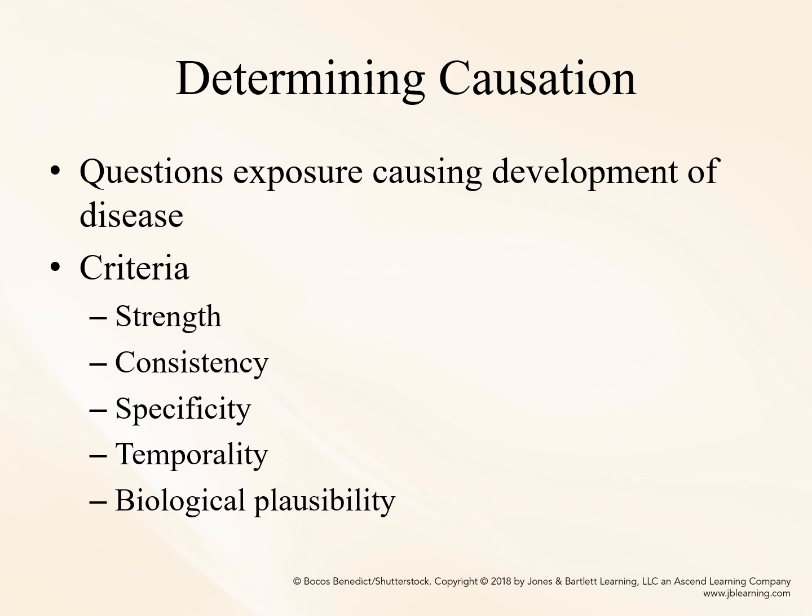Okay, so we have to have A come before B, or it doesn't make any sense to say it causes it, right? Then we have biological plausibility. Does the suspected causation, smoking, make sense with what we know about biology, physiology, and other medical knowledge? Does it make sense, in light of what we know about biology and physiology, that cigarette smoking could produce lung cancer?